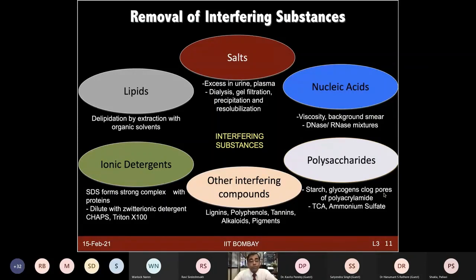But one more thing which is crucial to think about along with all these interfering substances is the way we process our sample. Simple things like wearing gloves all the time and adding a mask and a face shield, these kinds of practices could avoid keratin contamination, because the things coming from the skin or hair fall are the ones which we see as very prominent and the most abundant peaks in the mass spectrometers.